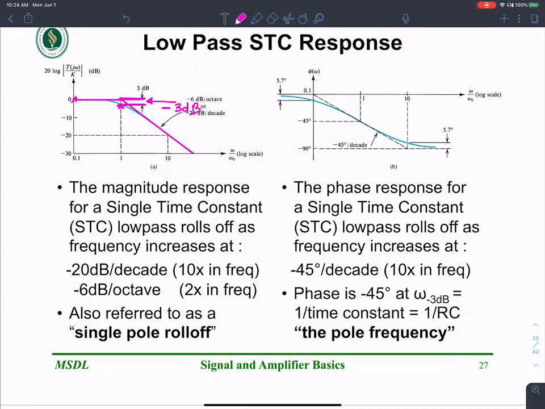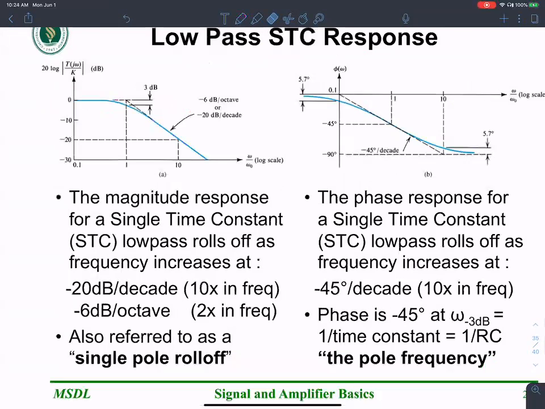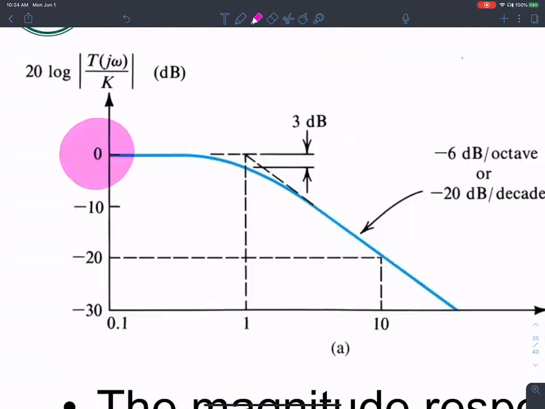So if this was 20 dB to begin with, at the pole frequency the gain is going to be 17 dB. Similarly, if the gain is 0 dB, then at the pole frequency it's going to be negative 3 dB.